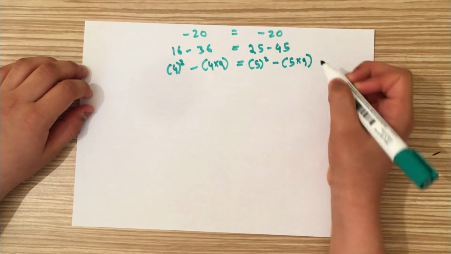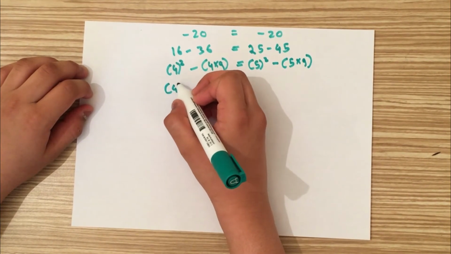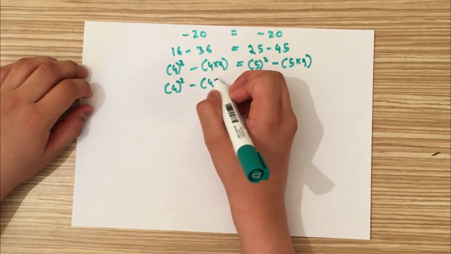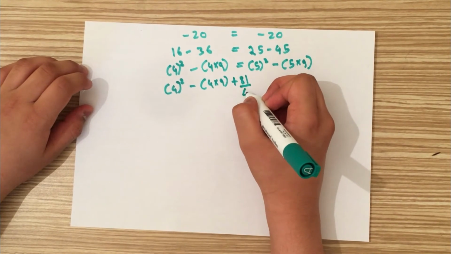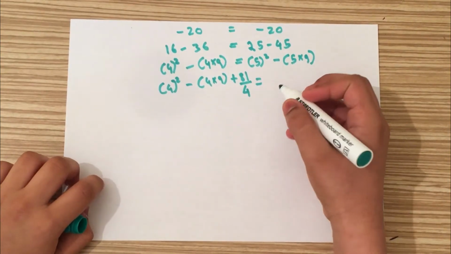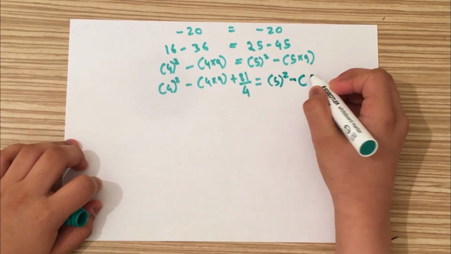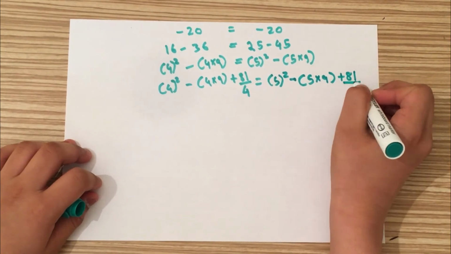Okay, then we can just take the same values on the left hand side, but all we do is add 81 divided by 4. So this is equal to 5 squared minus 5 multiplied by 9 plus 81 divided by 4.